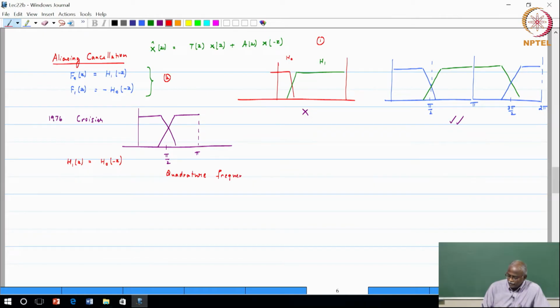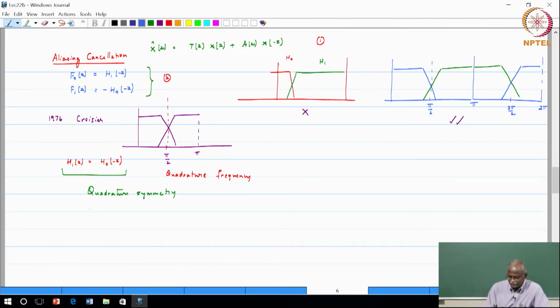Now, if you think of a mirror at the quadrature frequency, H naught and H1 are actually mirror images of each other, because that is what happens when you design one to be the other, and they satisfy this condition.